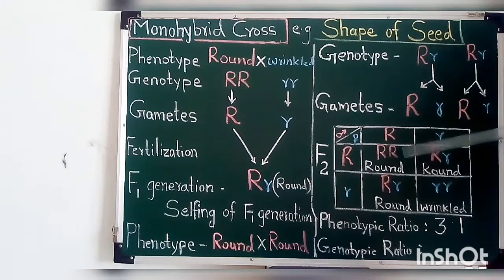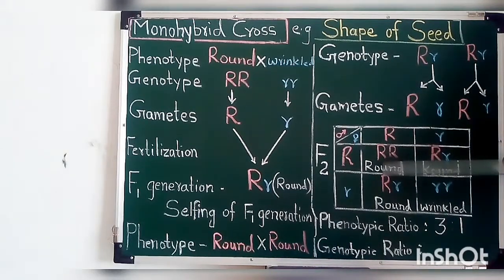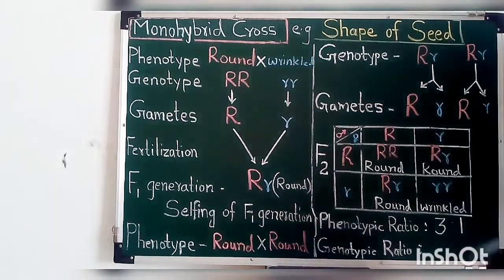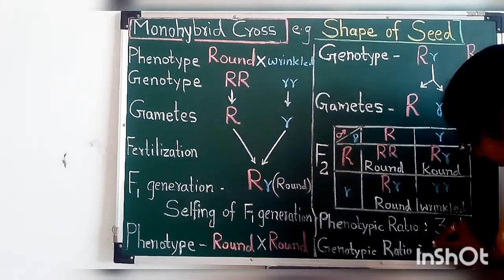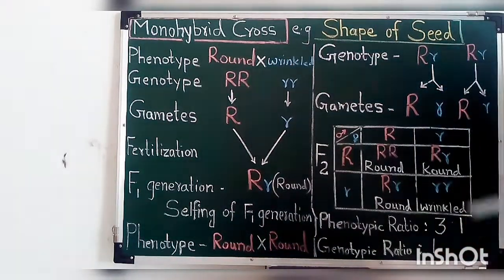So we just have to observe the capital alphabets, the small alphabets, or the heterozygous combination of both capital and small, and how many times they are repeated in the checkerboard. First we'll see capital R, capital R. How many times has it occurred in the table? Only once. So this is the place where both the R are capital. For this we'll write the number 1. So this is the first genetic constitution.